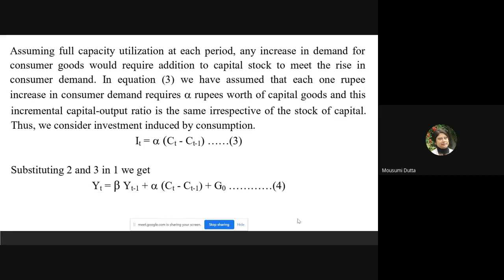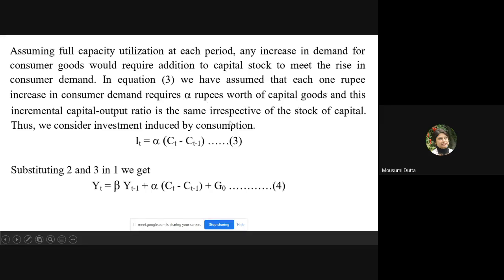Okay. Now here I am mentioning that any increase in demand for consumer goods would require addition to capital stock to meet the rise in consumer demand, number one. Number two, each 1 rupee increase in consumer demand requires alpha rupees worth of capital goods.